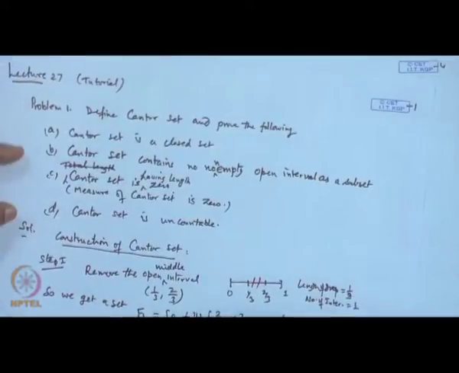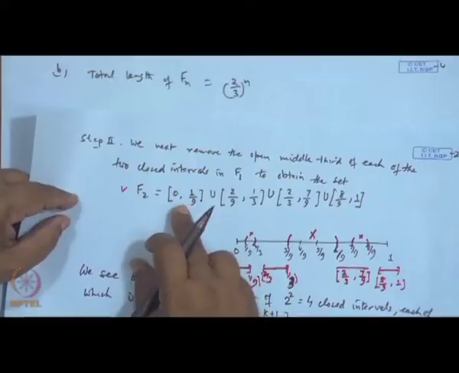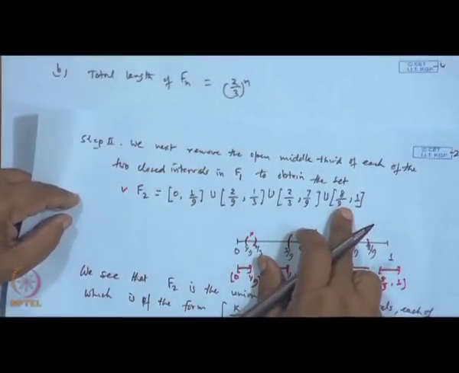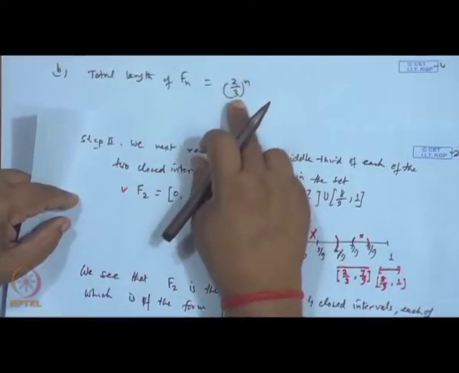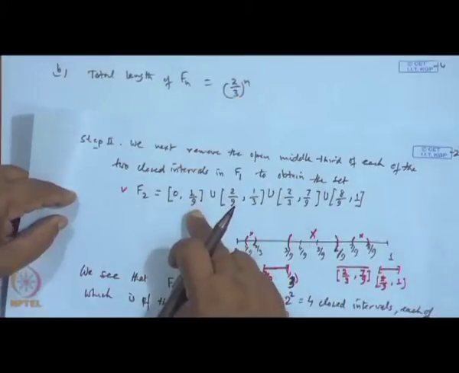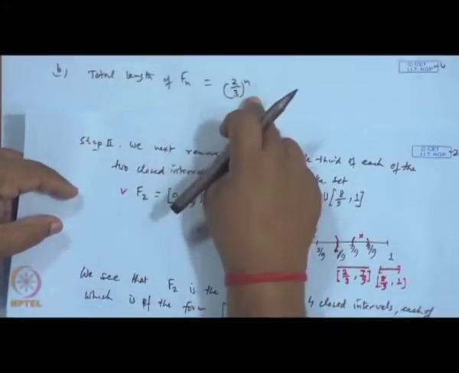When n is 2, there are 4 intervals of length 1 by 9, so it is 2 square by 3 square, that is 4 by 9. Similarly, the total length of Fn will be 2 by 3 power n.